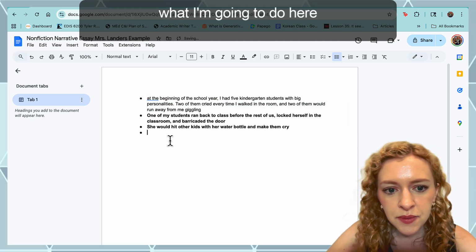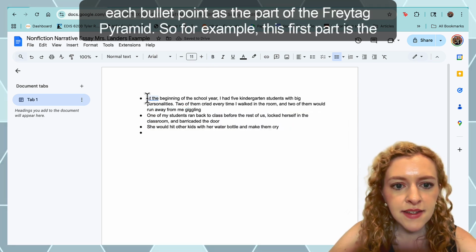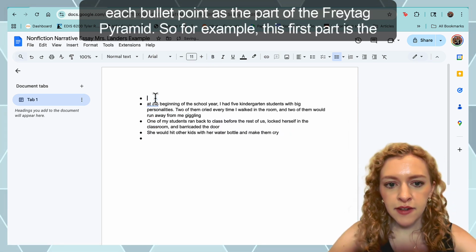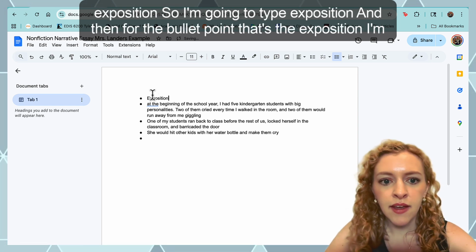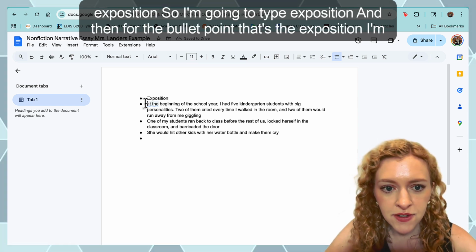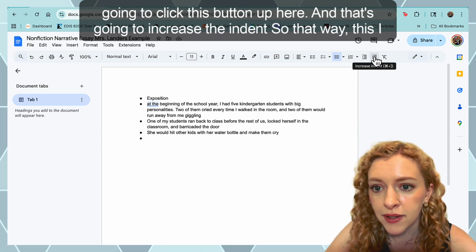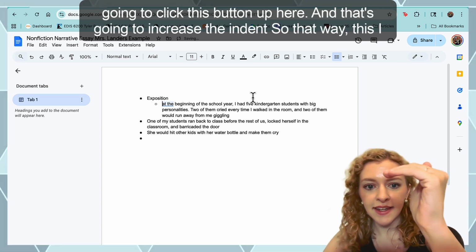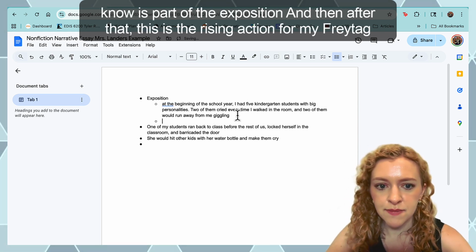Actually, what I'm going to do here is label each bullet point as the part of the Freytag pyramid. For example, this first part is the exposition. So I'm going to type exposition, and then for the bullet point that's the exposition, I'm going to click this button up here, and that's going to increase the indent. That way I know this is part of the exposition.